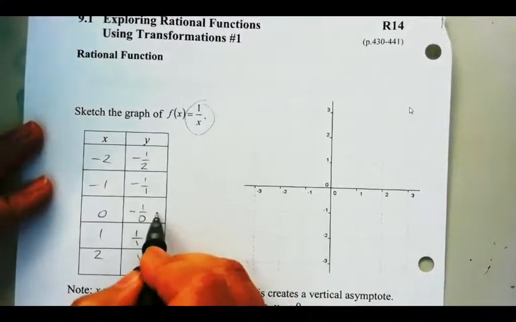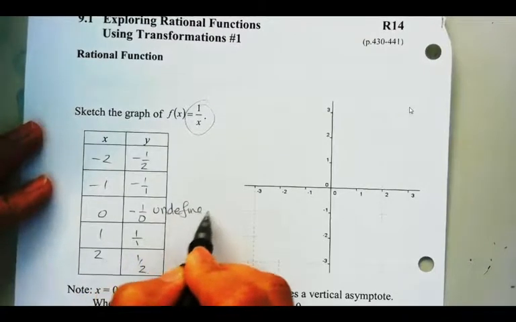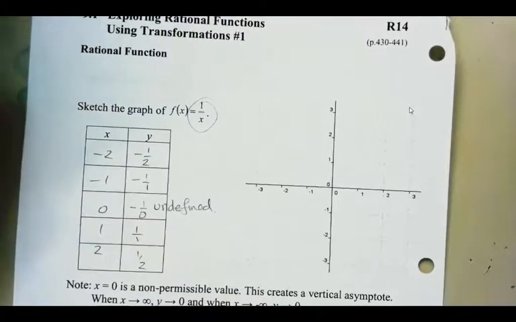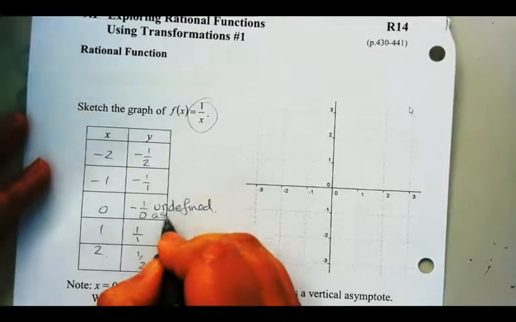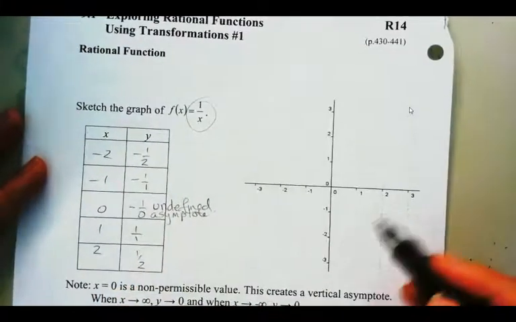Okay, what do we know about this number right here? It's undefined. So when a number is undefined in a graph, what does that look like on the graph? It's an asymptote. So where does the asymptote actually show up on this graph?